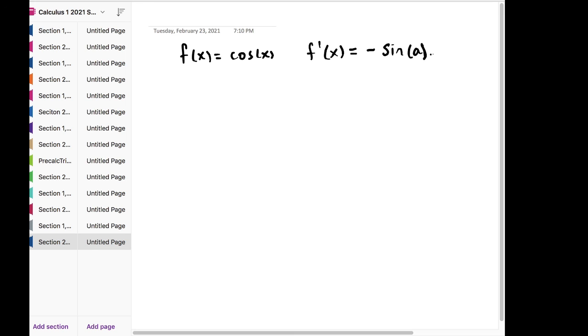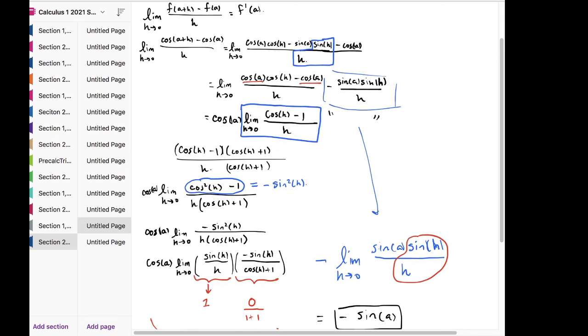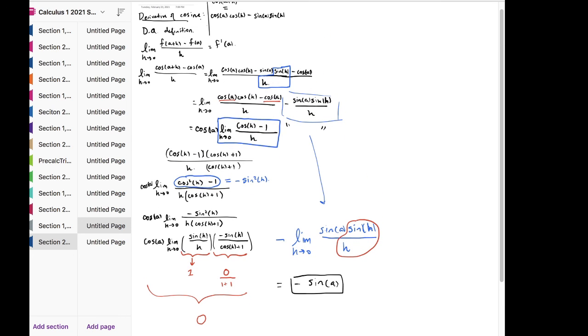Again, it's not something I'm probably expecting you to do, but all the mini limits inside are things that I'm probably expecting you to know how to do, like using the sine of h over h, or if you just replace those with x's, it's the same thing. So just be aware of that. So this entire limit I wouldn't expect you should do, but the limits in between are things that you should be somewhat comfortable with.